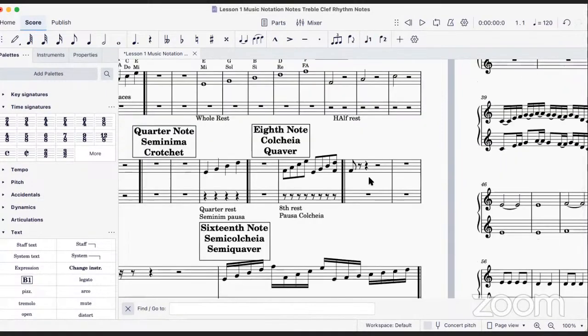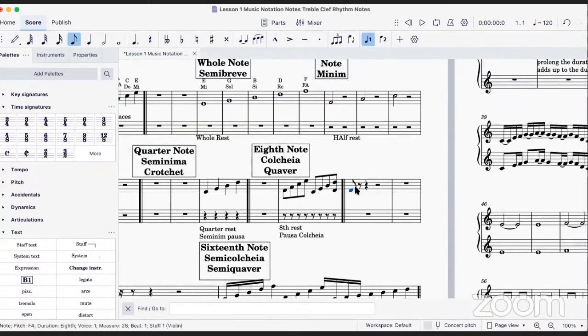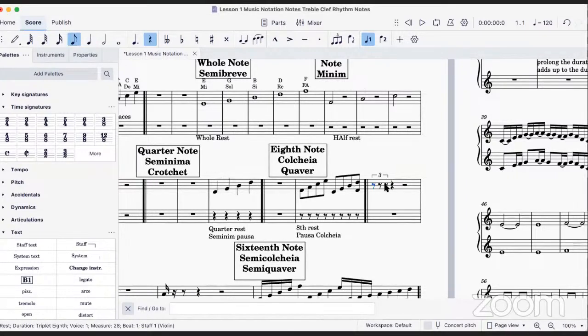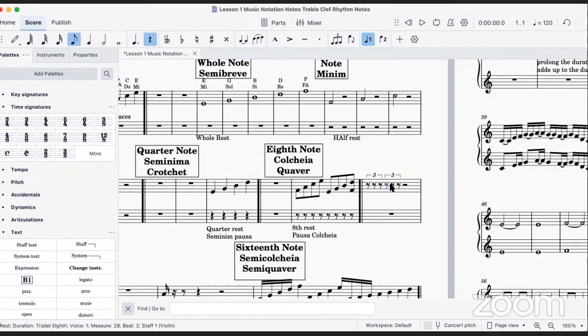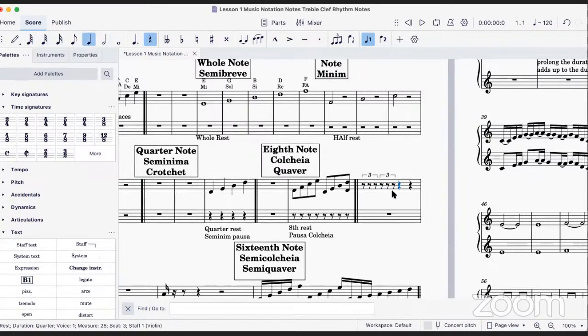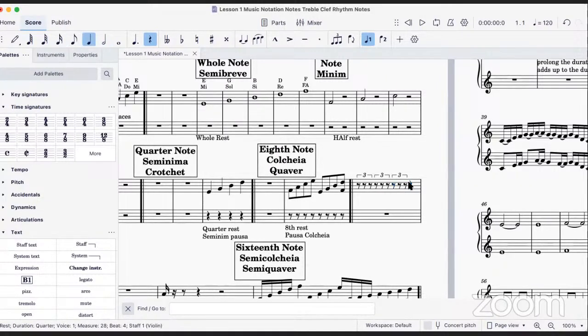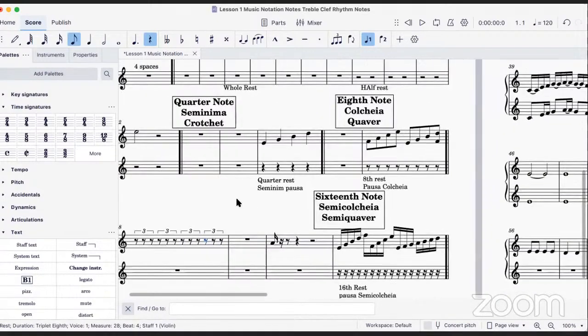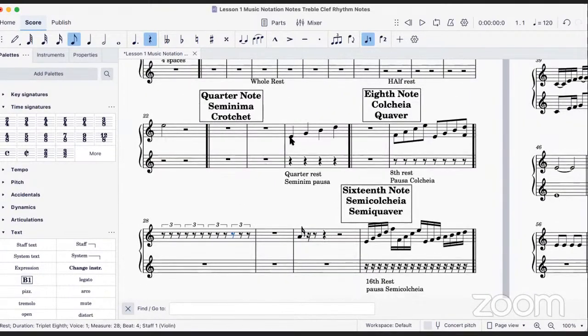I'm going to give an example here. Regarding the eighth note, we also can have the eighth note in triplets. Instead, you have two equal, because 2 eighth notes are equal to 1 quarter note.